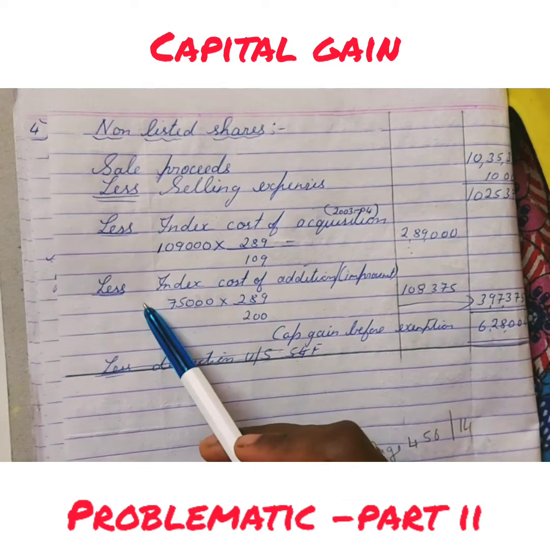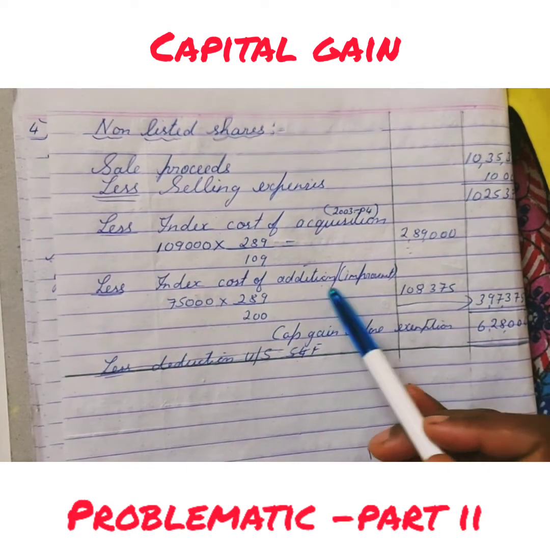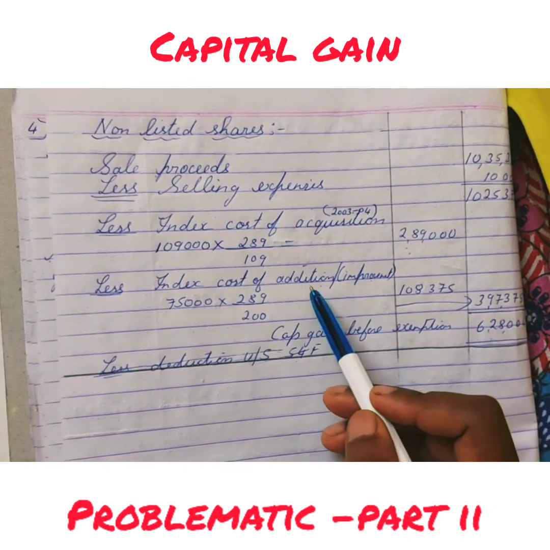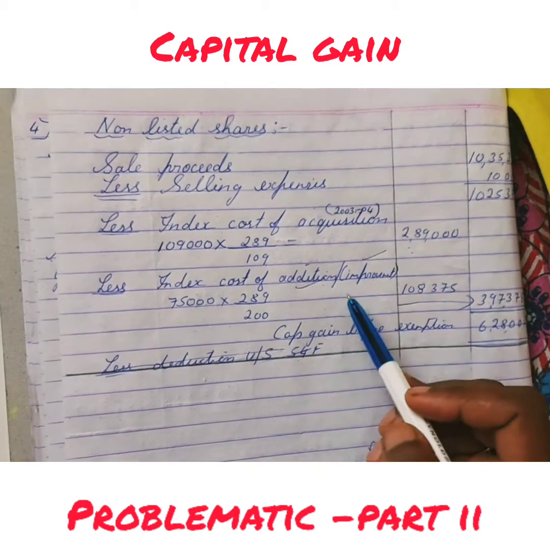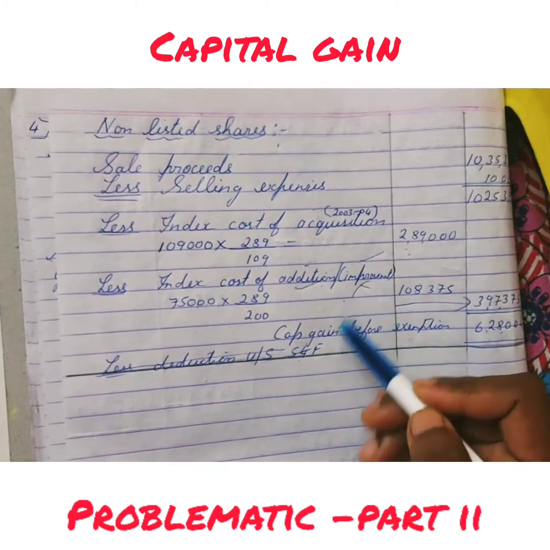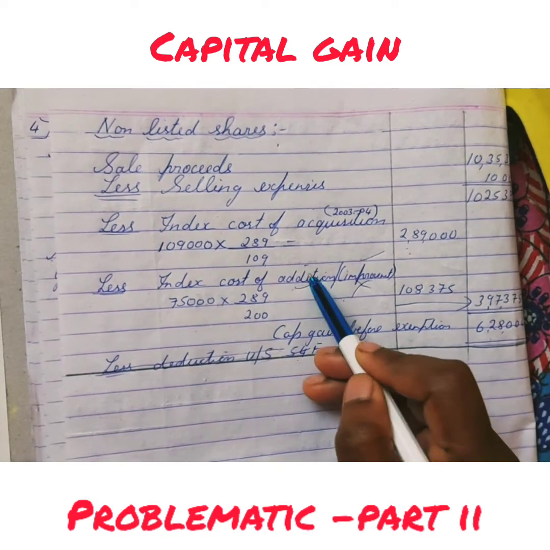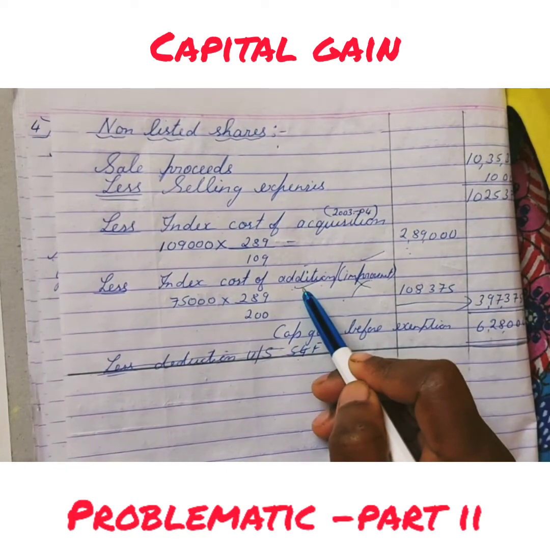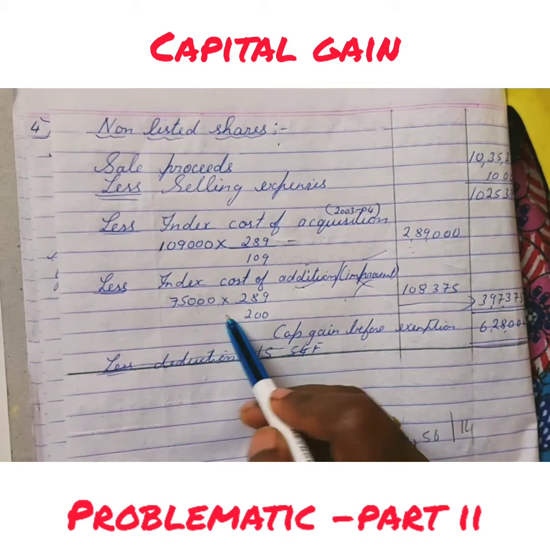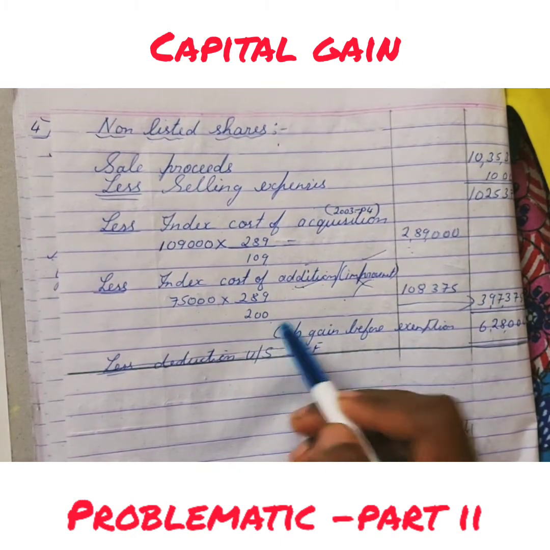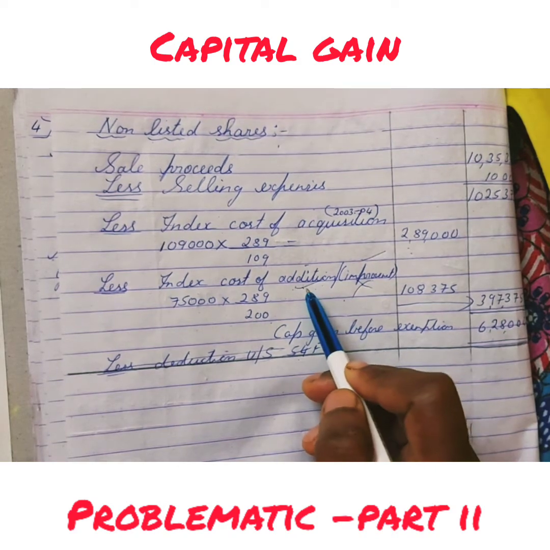Okay, after this the next step is less indexed cost of addition or improvement. In this problem, addition is given and improvement is also mentioned, but for non-listed shares improvement is not there, it is only addition, so you have to take the addition. So the indexed cost of addition: 75,000 was the addition amount into the previous year's index divided by the index of the year of addition. It will be given in the problem.